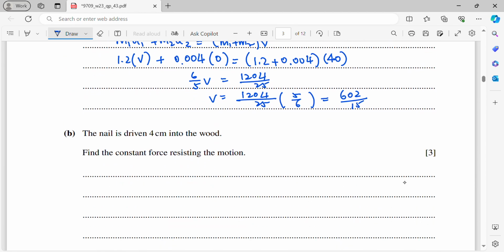Now part B. The nail is driven 4 cm into the wood. Find the constant force resisting the motion. Let's say this is the hammerhead, 1.2 g, and this is the nail, 0.004 g. So probably I draw like this.